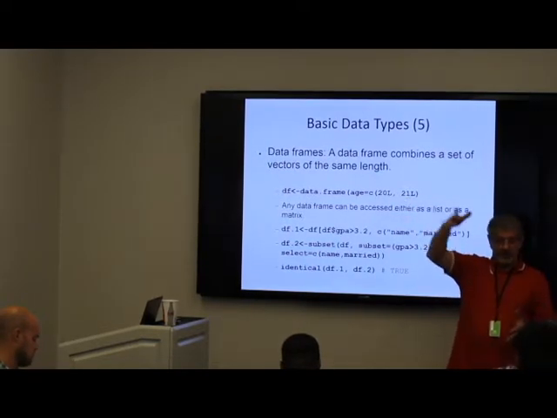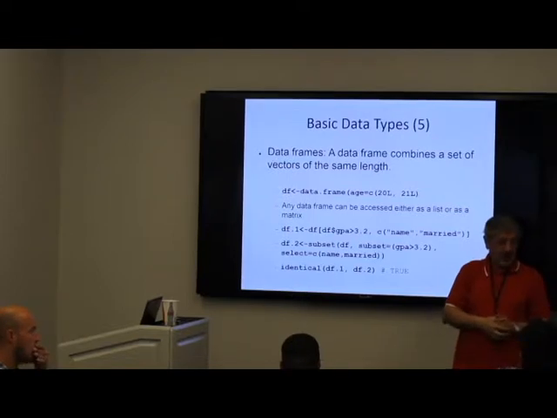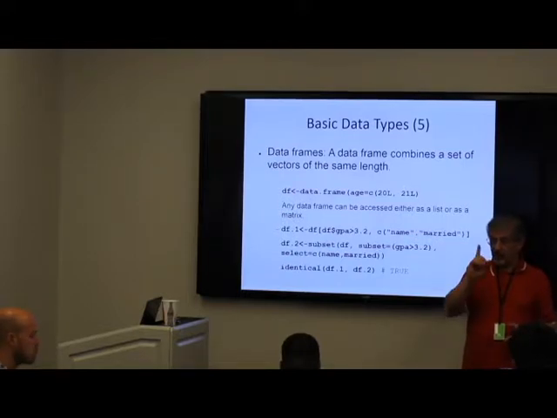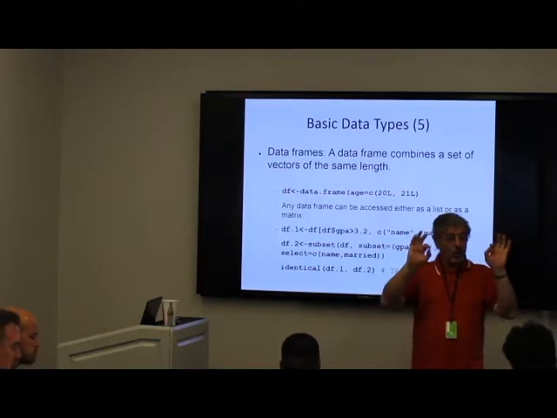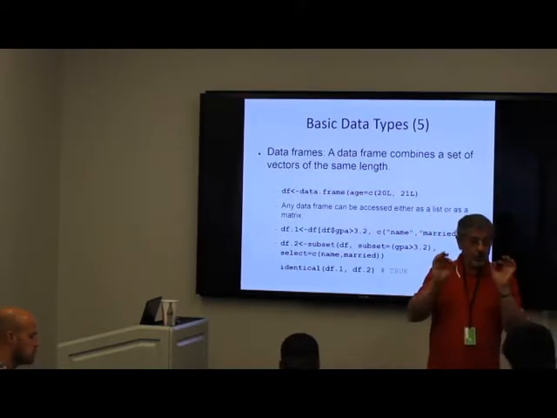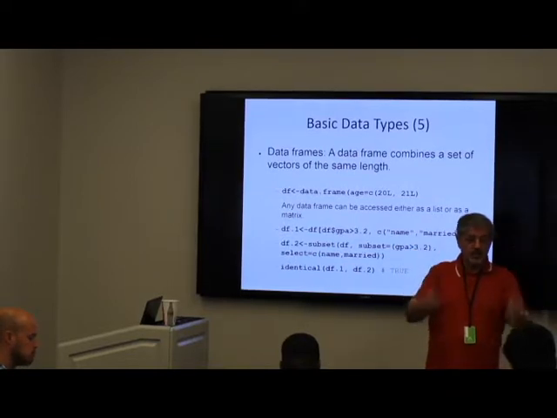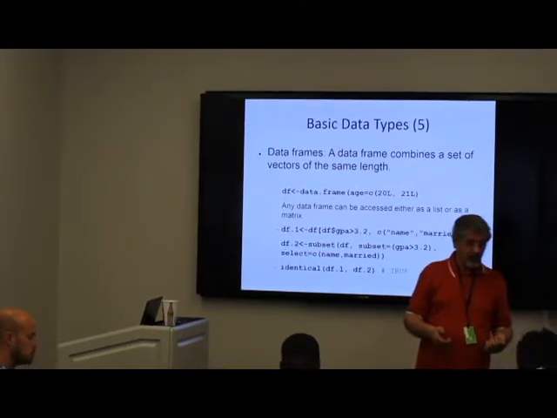Columns up on top, rows, okay? And R uses exactly the same thing. Now, the difference is columns in R are features or variables, and the rows are observations, okay?